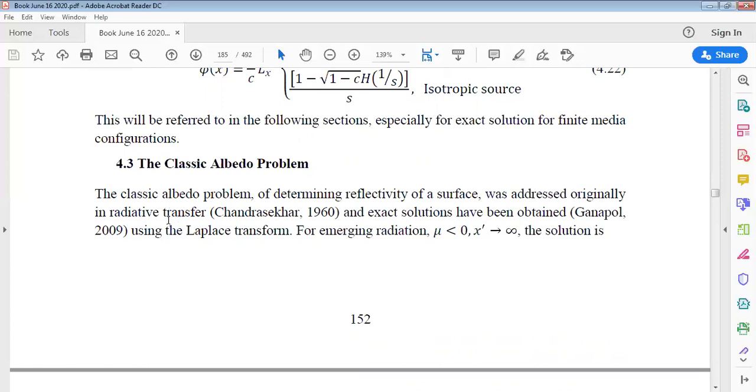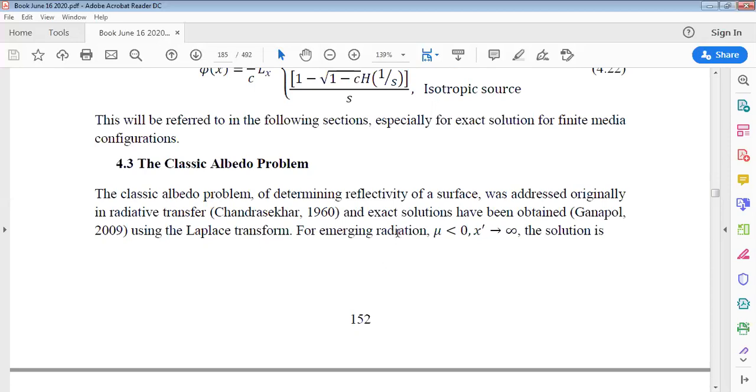So the albedo problem is the reflectivity of a surface. This was addressed in 1960 by Chandrasekhar, and later exact solutions were obtained by Ganapol in 2009. So you can see that there's a gap of 49 years. These are all fascinating areas, and if your maths is good, you can really get outstanding, compact, elegant expressions.